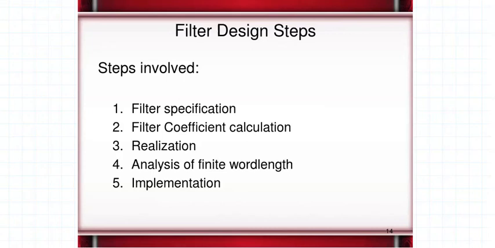Whether truncation of the word length results in variations in the filter specifications is what we need to observe minutely, and we call such an analysis analysis of finite word length. Finally, we go into implementation of the filter. Our particular topic is restricted to the first two. We will only be looking at filter specification and filter coefficient calculation.